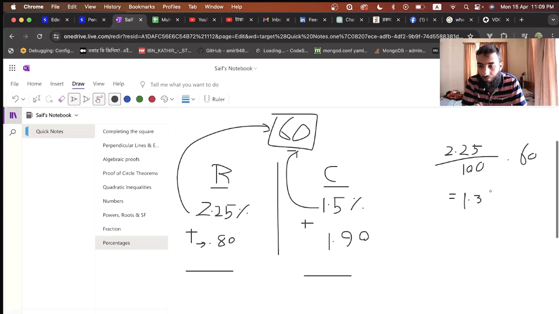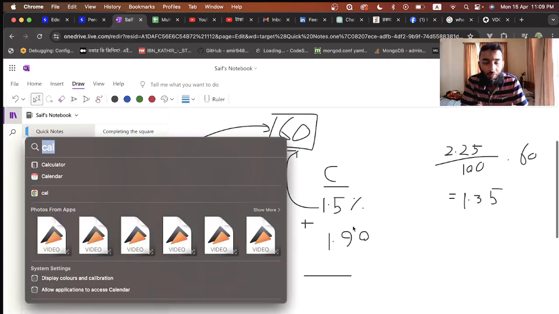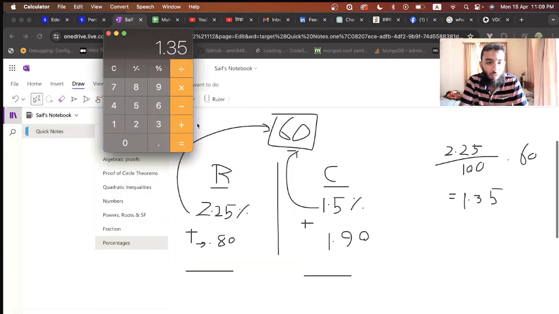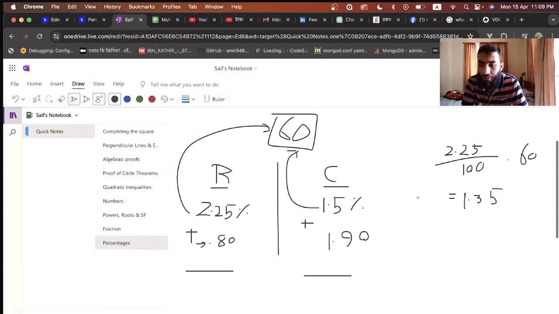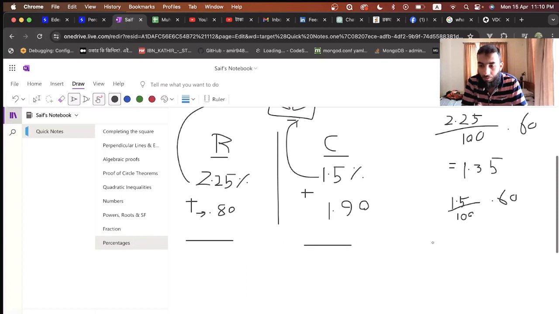And what is 1.5% of 60? Let's say 1.5 divided by 100 multiplied by 60. It's 0.9. So 1.5 divided by 100 multiplied by 60 is 0.9.